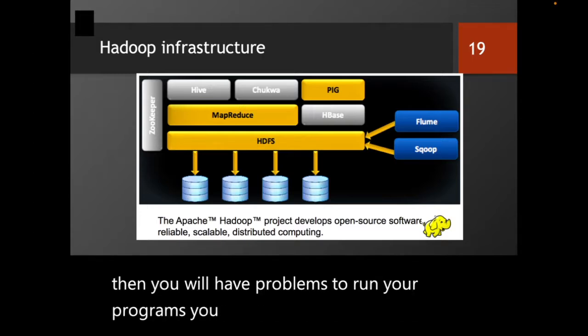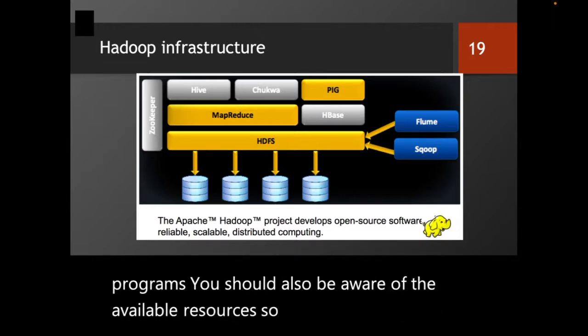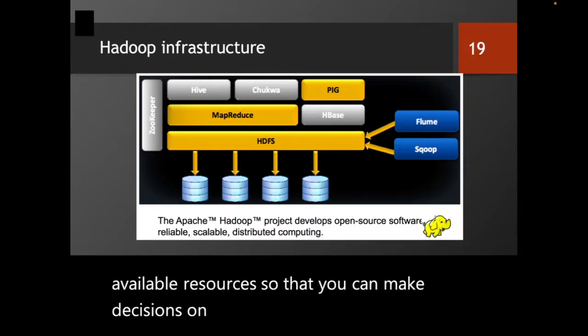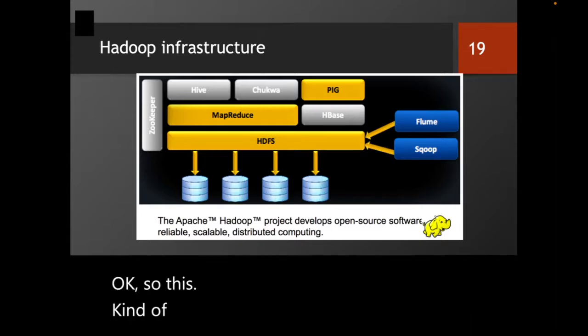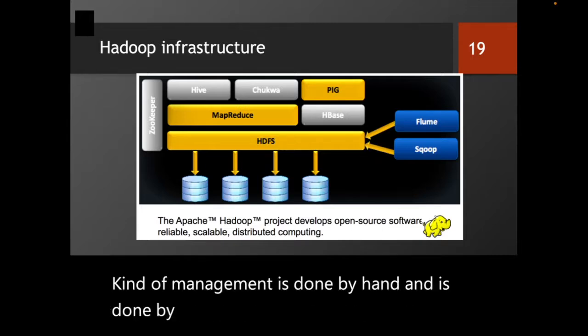You should also be aware of the available resources so that you can make decisions on the resources that you are going to allocate in order for the processes to be run. Okay, so this kind of management is done by hand and is done by a programmer.